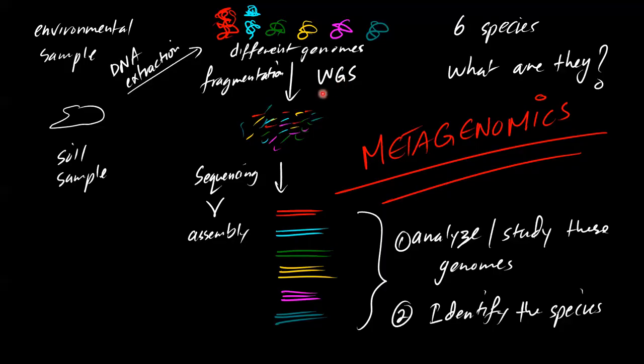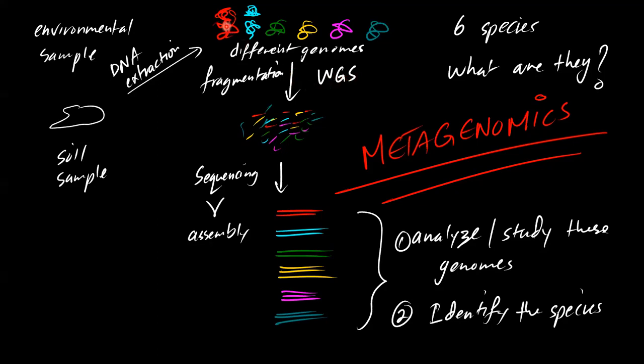So for example, in this slide, if we have a soil sample and we want to know what types of organisms are found in it, an environmental sample, or maybe a microbiome sample, all we have to do is DNA extraction to isolate the DNA from all organisms found in the soil sample. Then we use the whole genome sequencing or whole shotgun approach.